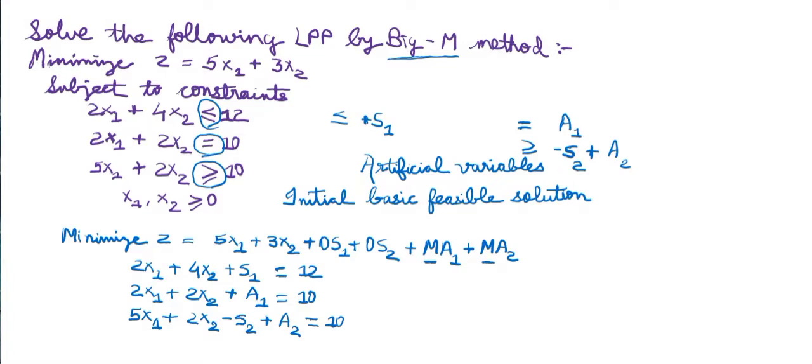Now we'll write this initial basic feasible solution, which is x1 = x2 = s2 = 0. Now s1, we'll compare it with the right hand side coefficients. That is, here s1 will be 12, a1 will be 10, and a2 will be 10.